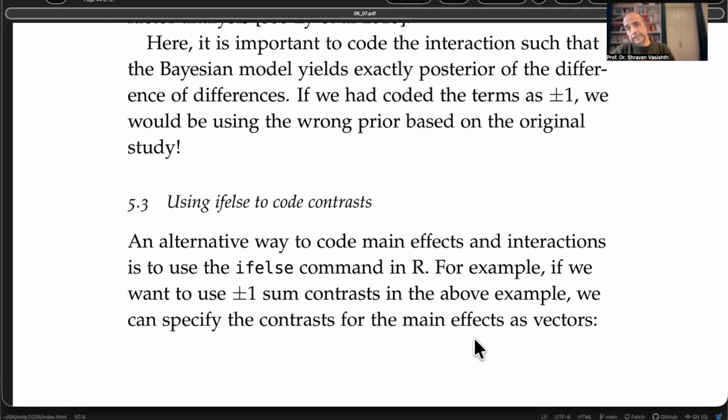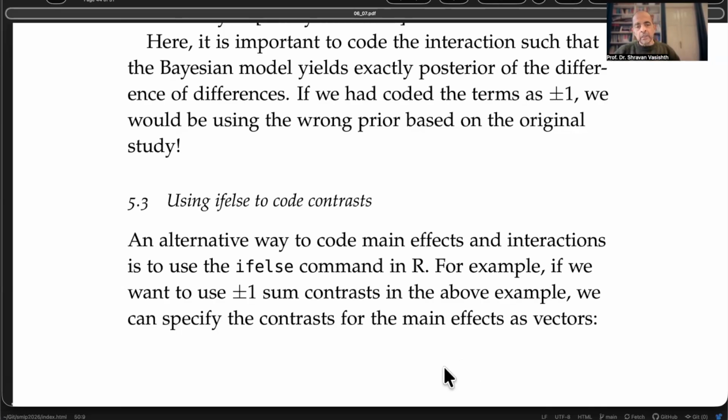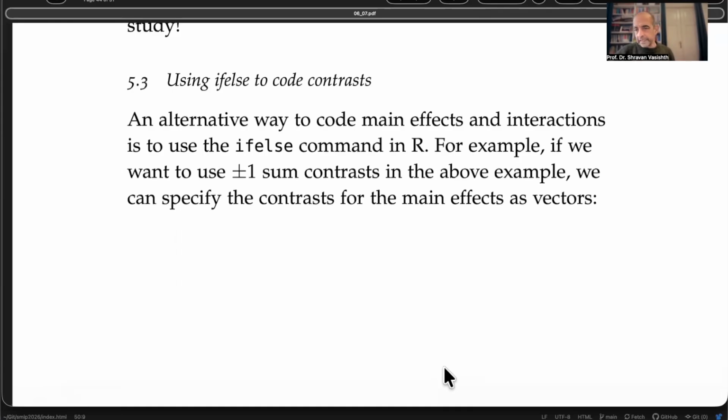What I do is, if I have two main effects and an interaction, I will create three columns: one for each of the two main effects, and one for the interaction. And I will create the columns myself in the data frame instead of plugging in some contrast coding into the factor column. So if-else can be used to define the contrast.